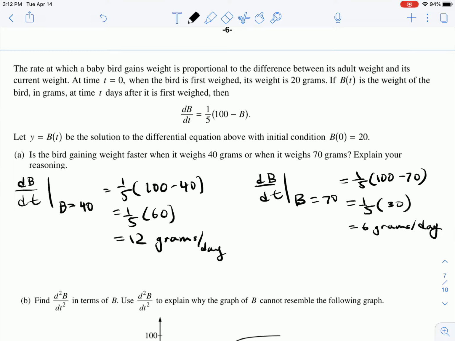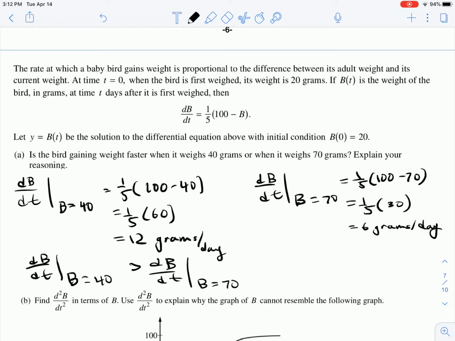Well, we can see that dB/dt at B equal to 40 is greater than dB/dt when B is equal to 70. Let's clean that up just ever so slightly. FRQ, we want to be neat with our work.